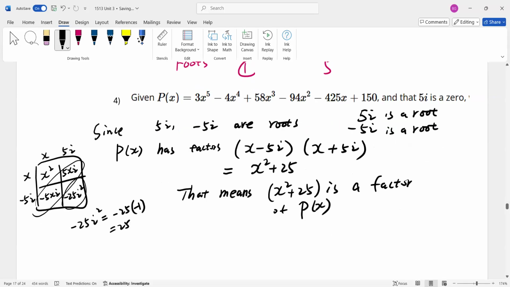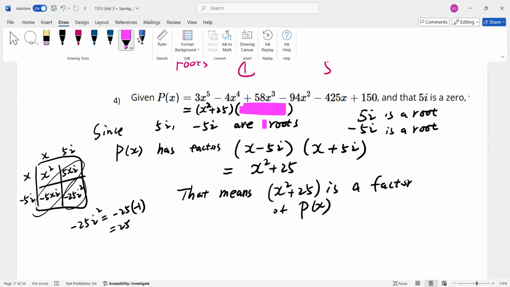And that means we can divide P of x by x squared plus 25 to find the quotient. So now P of x can be factored as x squared plus 25 times another factor, the one in the parentheses, which will have degree 3.